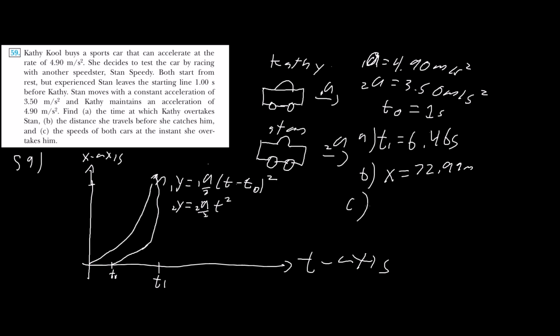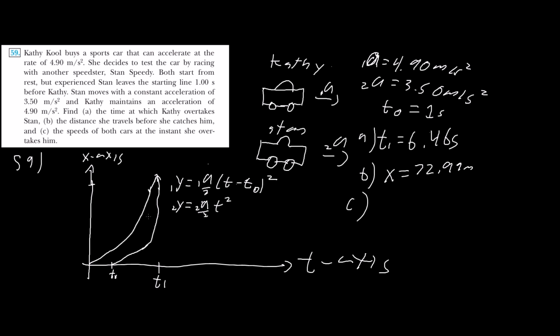Okay, so let me just solve this right now. Since I have the time interval it takes for them to catch up, and the time for the positions to be the same, I'm going to find their respective slopes, I mean their velocity at that point. That's pretty straightforward because they start from rest.